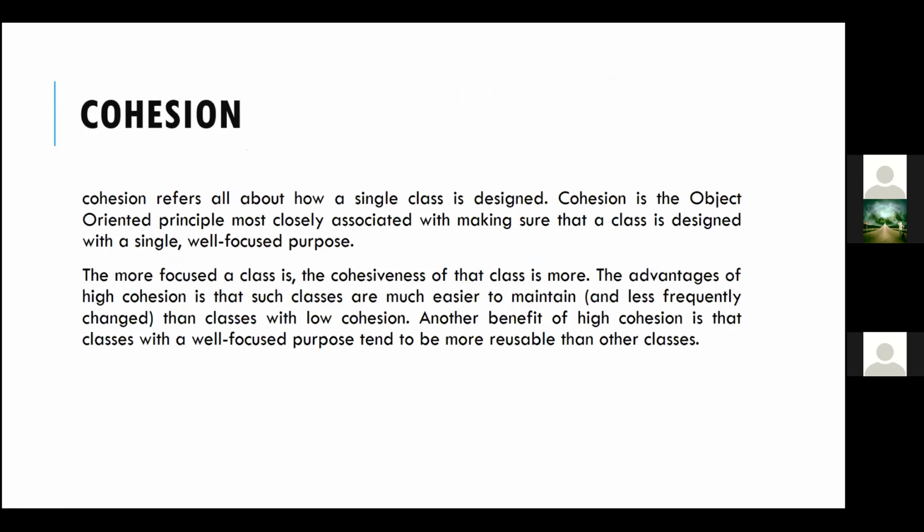The advantage of high cohesion is that such classes are much easier to maintain and less frequently change than classes with low cohesion. Another benefit of high cohesion is that classes with a well-defined purpose tend to be more reusable than other classes.